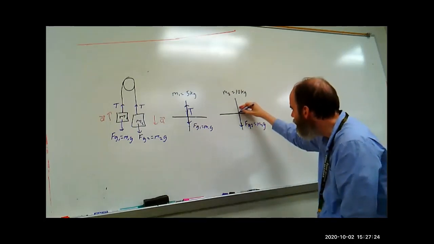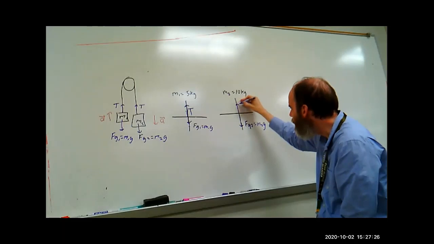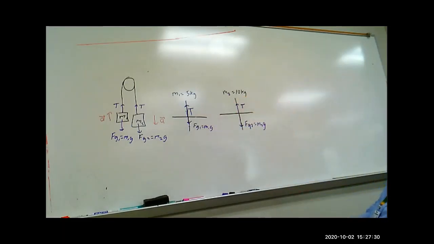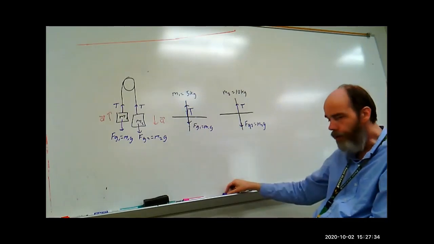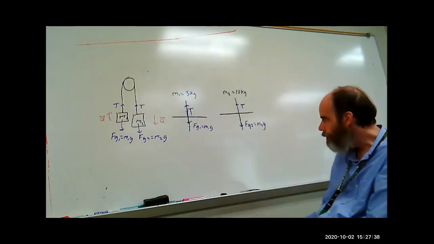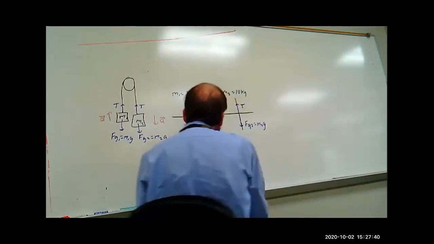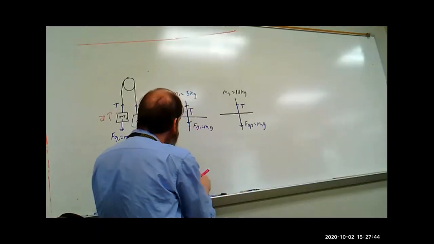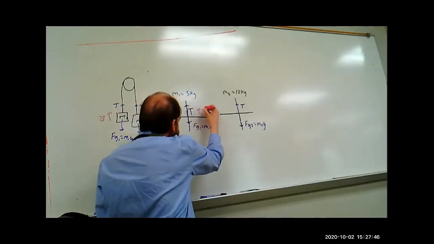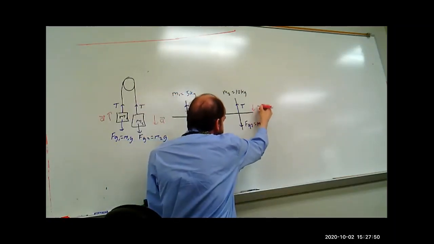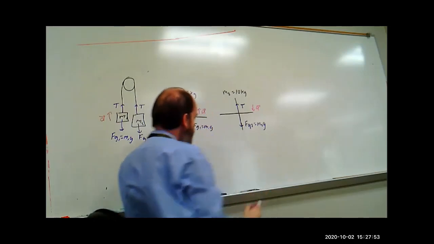And the tension is going to have the same length as this one. So that's the free body diagram. Now we apply Newton's second law to this free body diagram. Let's put the acceleration. The acceleration is this direction on this side and this way on the other side.